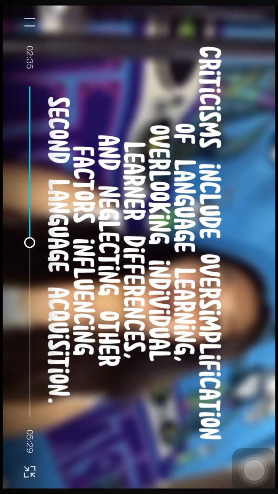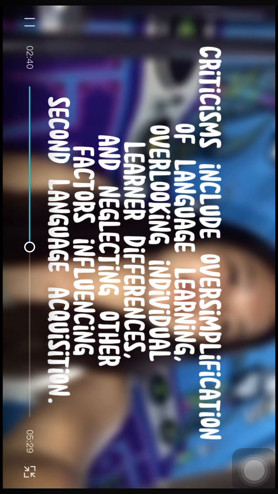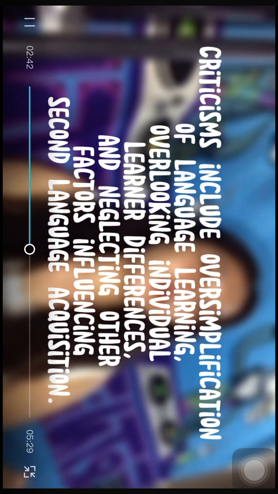The weak version suggests that only certain types of errors can be predicted through contrastive analysis. Criticisms include oversimplification of language learning, overlooking individual learners' preferences, and neglecting other factors in second language acquisition.